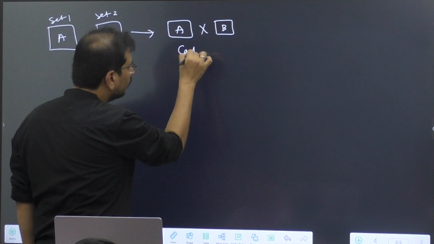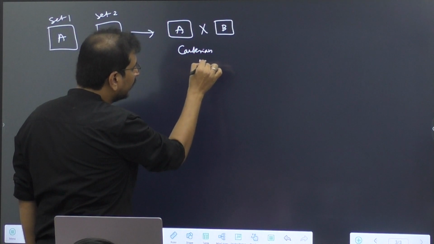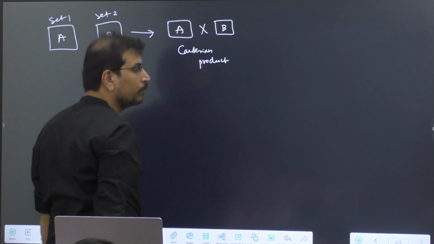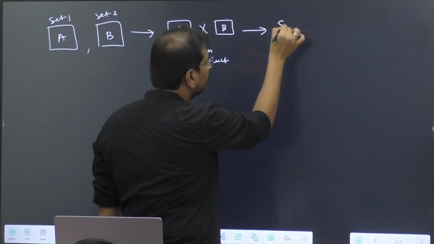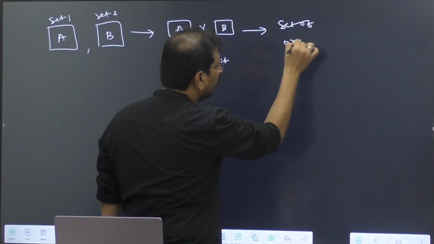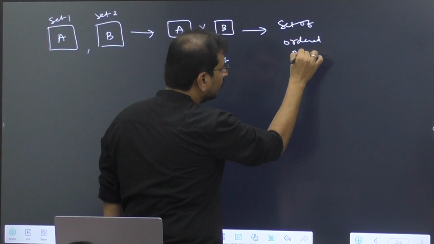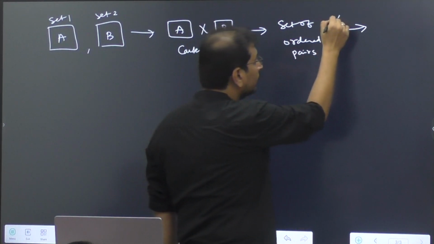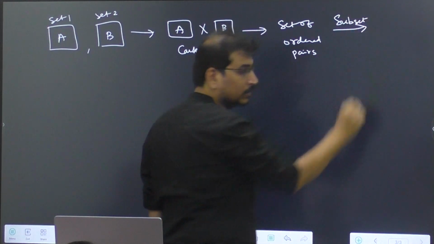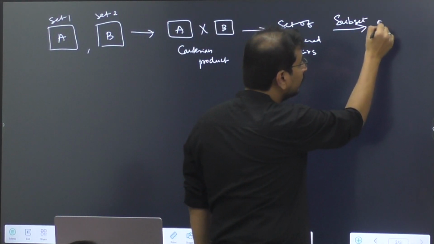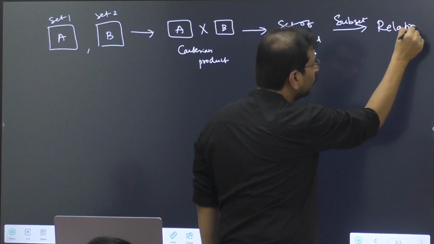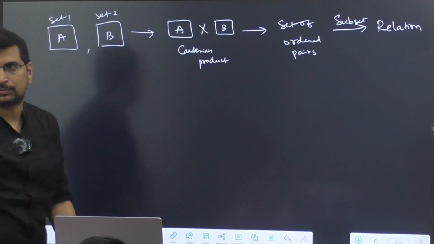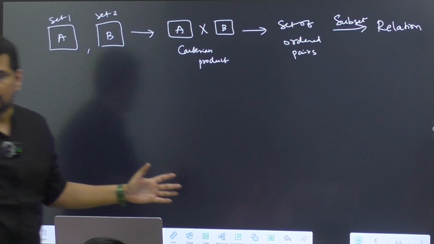You do the Cartesian product, and it gives you a set of ordered pairs, and from this set of ordered pairs, you take a subset, and that gives you a relation. So to put it simply, these are the 4 steps. That is all I need.